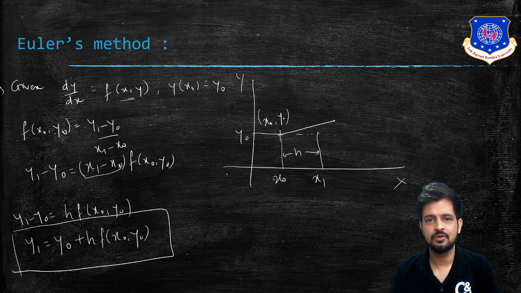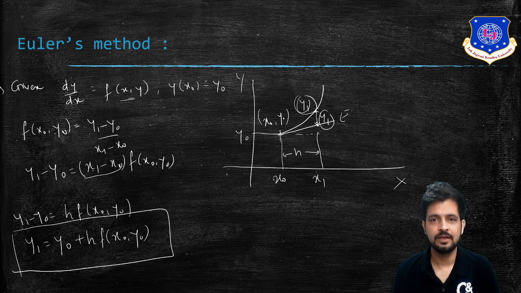I have to draw a tangent, so my value of y1 will be here, but the actual value of y1 as per the curve is here. So there is a difference in this value. This is the value obtained from Euler's method and this is the value from the curve. So there is some error. To remove the error we will use a different method, that is the modified Euler method, but this is the formula to find y1.